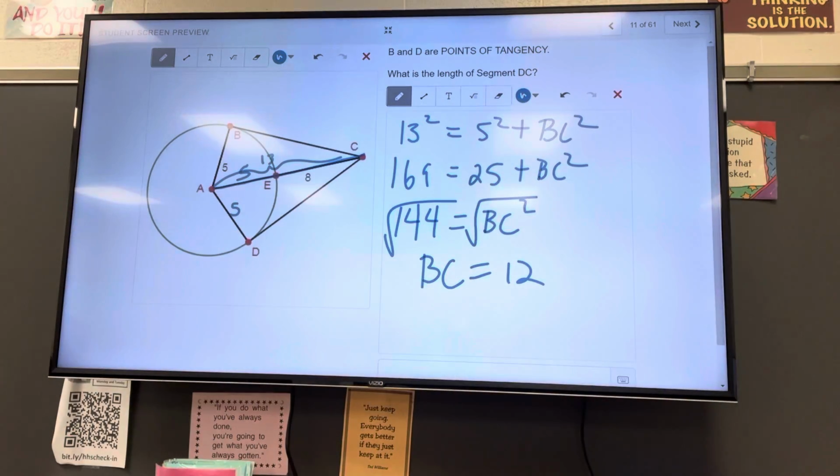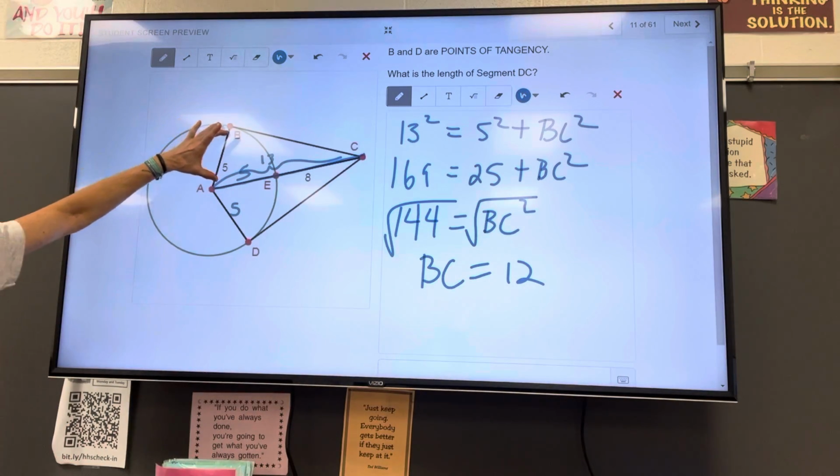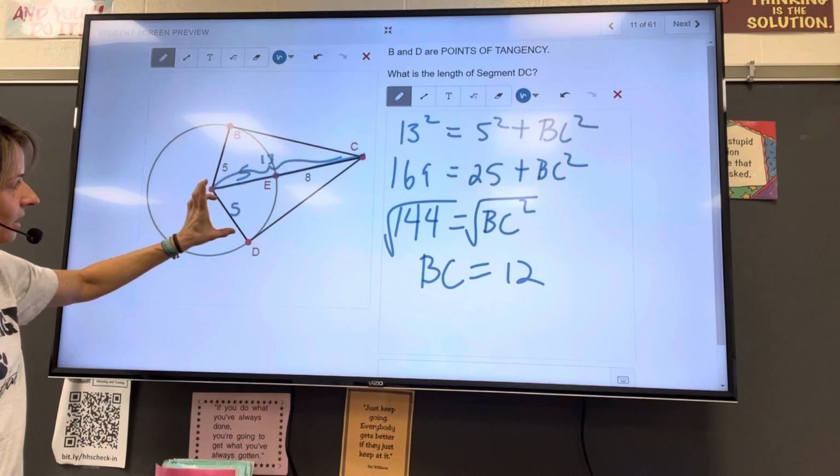Okay. Did we answer the question? No, we didn't. Why did I write BC? I'm looking at here. Where's DC? Okay, so what I did was, and this is good to see, I chose this triangle up here. These triangles are congruent.